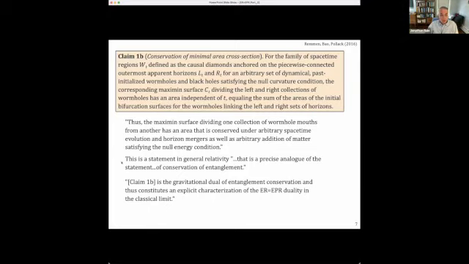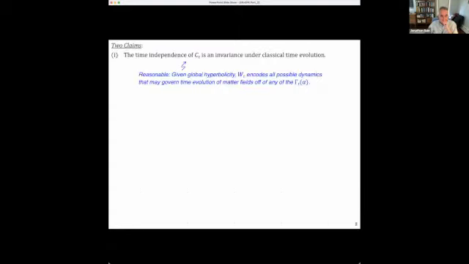Now, I take it, so this is their interpretation of their theorem, and their interpretation seems to be making at least two claims. The first is that the time independence of the C_T surface that they prove is interpreted as an invariance under classical time evolution.